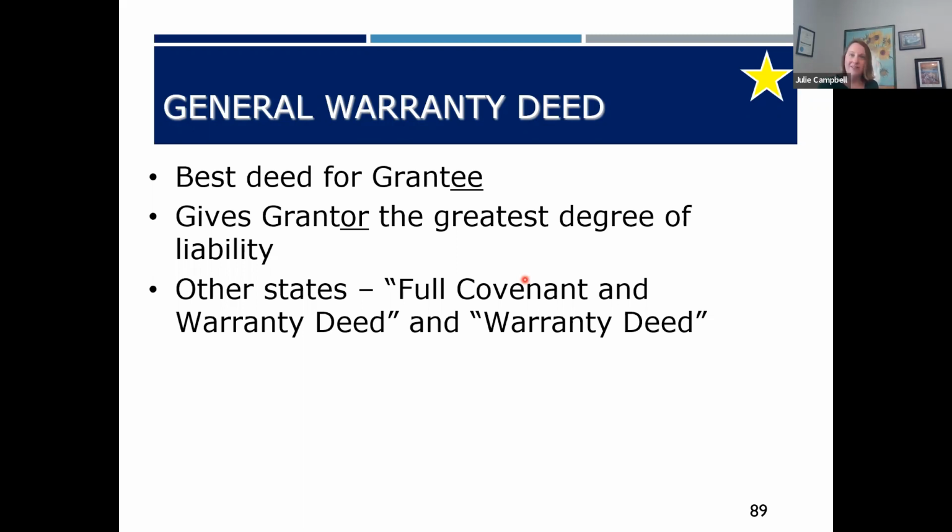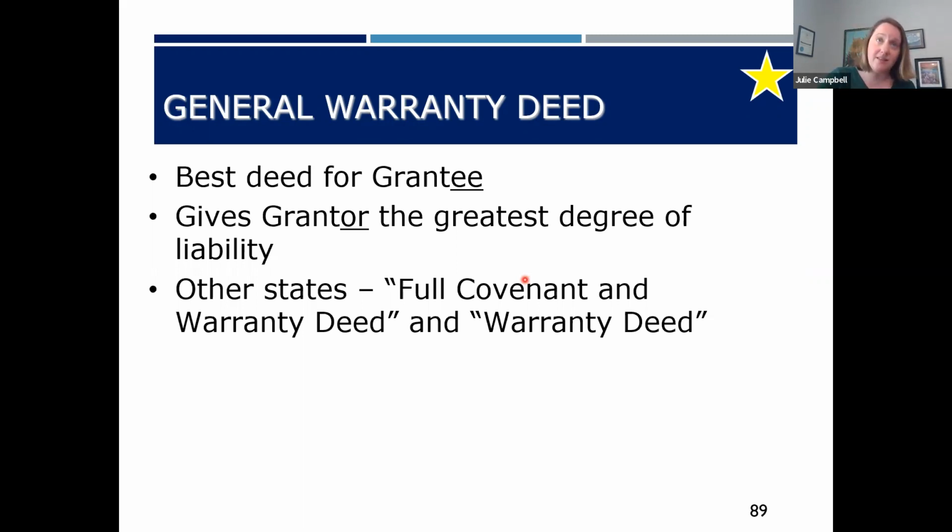Who's the grantor? The giver of the deed, or the seller. So the seller just can't hand you their deed and say, here you go. They provide covenants, they provide warranties with their deed. So it's the best for the grantee because it gives the grantor the greatest degree of liability.